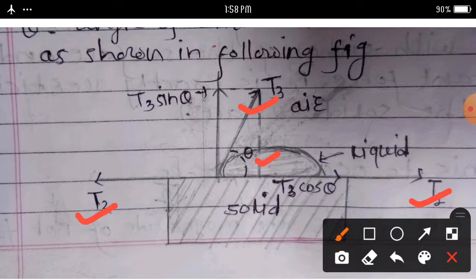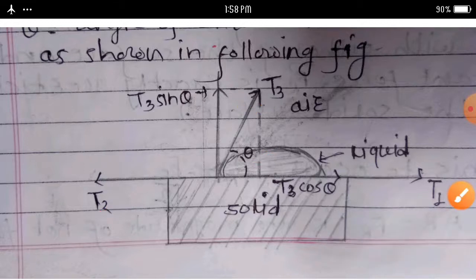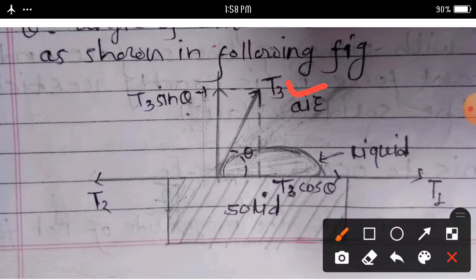shown in this figure. Then we consider here this T3, which means surface tension for the liquid-air interface. T3 can be resolved into two components.